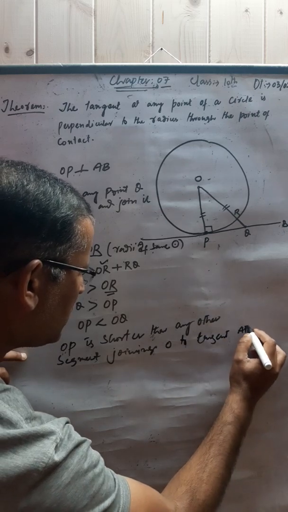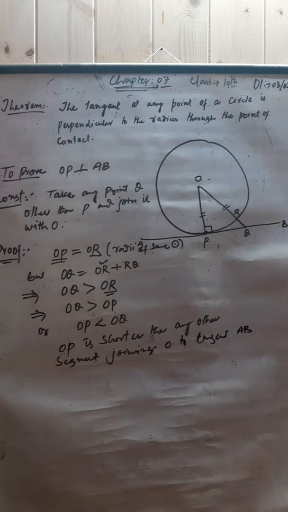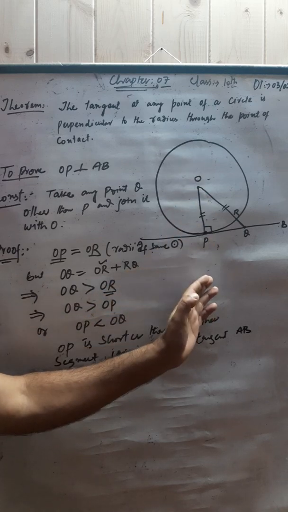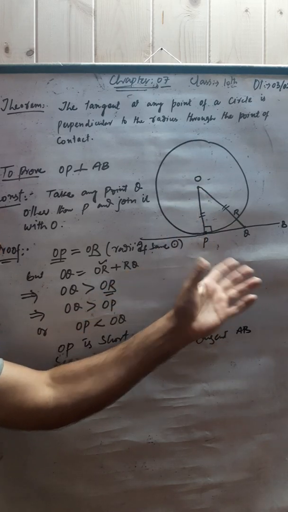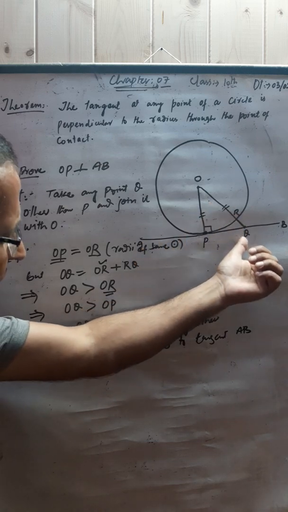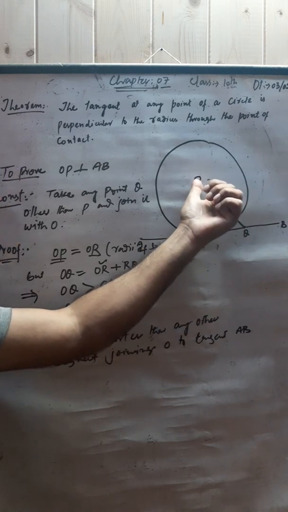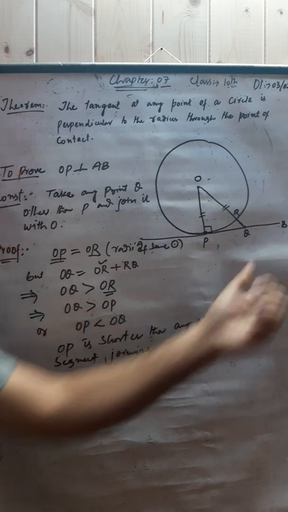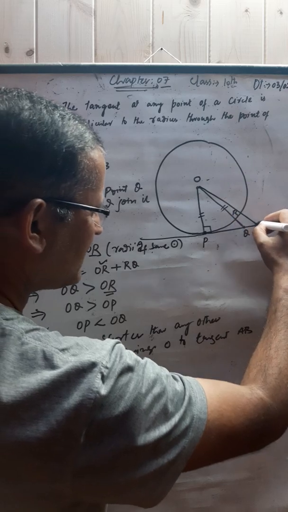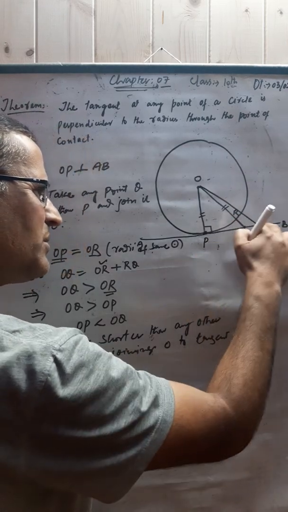As we are aware, the shortest segment always acts as the perpendicular, and this is shorter than what? Shorter than any other segment which is drawn from O to the tangent AB. If we draw another segment like this, OP will be shorter than this.